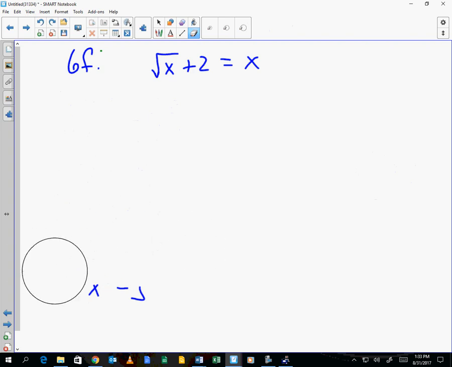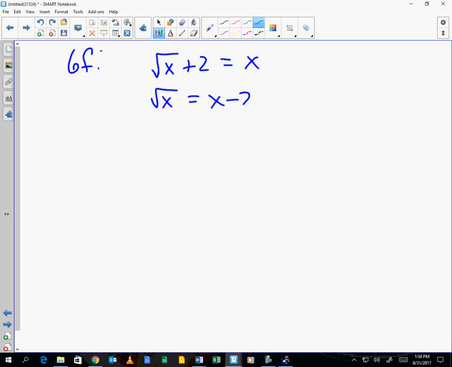6F, we have the square root of x plus 2 is x. As I go through, I'm going to subtract the 2 over, and I get the square root of x equals x minus 2. I'm going to get rid of that square root by squaring both sides. If I square the square root of x, I have x.